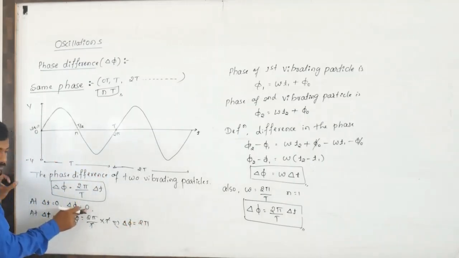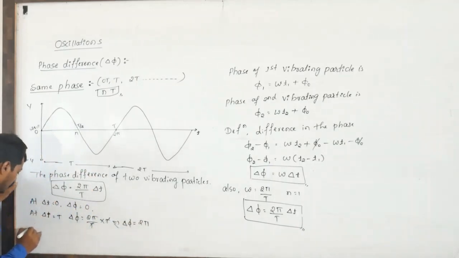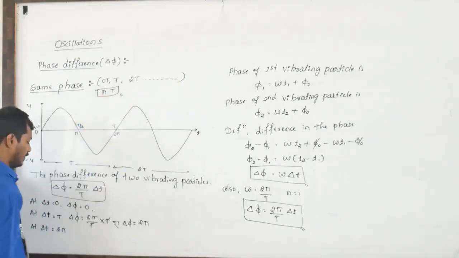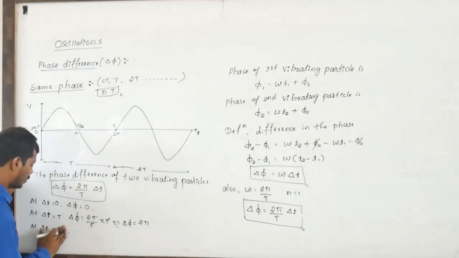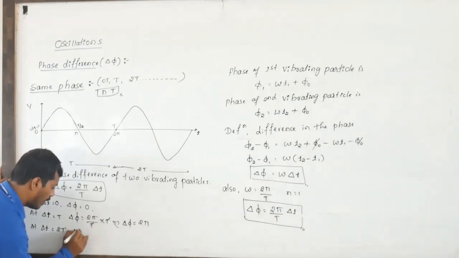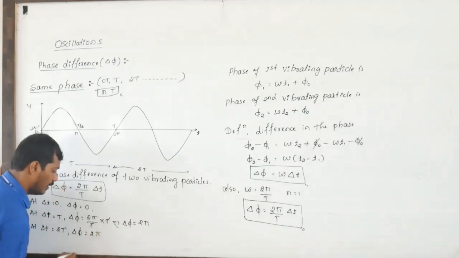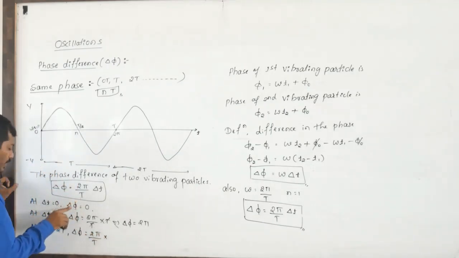Initially it is 0, next it becomes 2 pi. Then the same phase again, where delta t is 2T. Delta phi becomes 2 pi divided by T into delta t, which is how much?